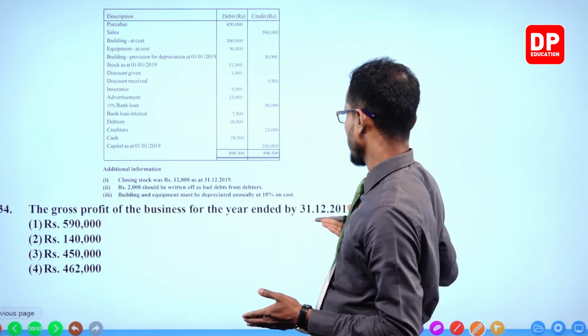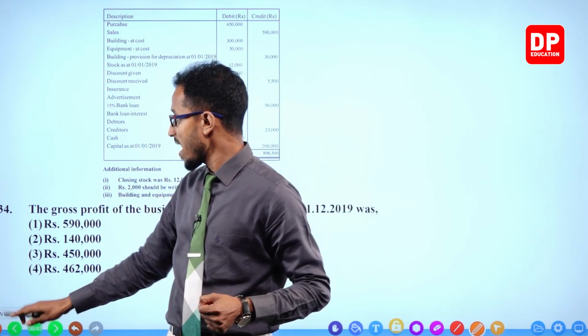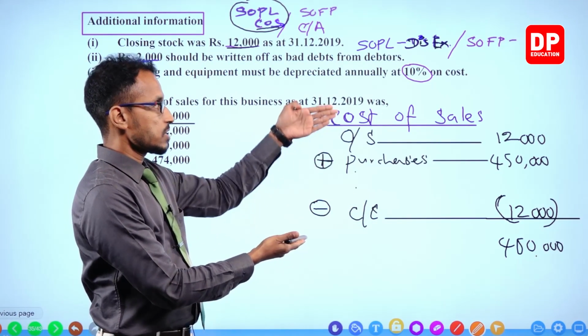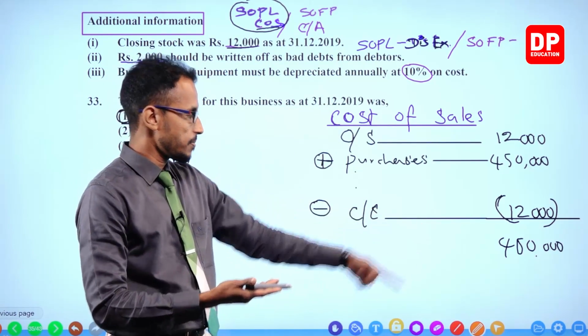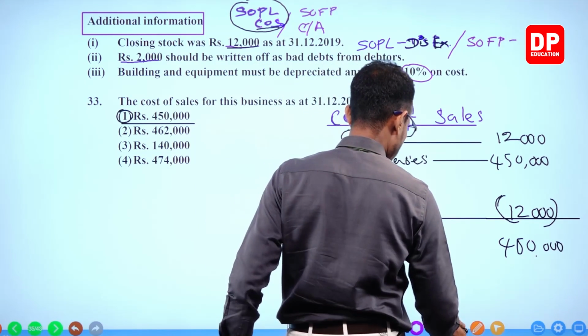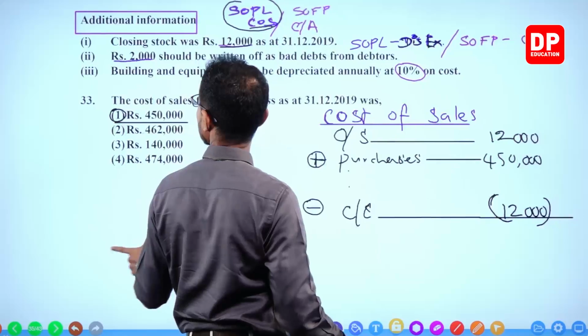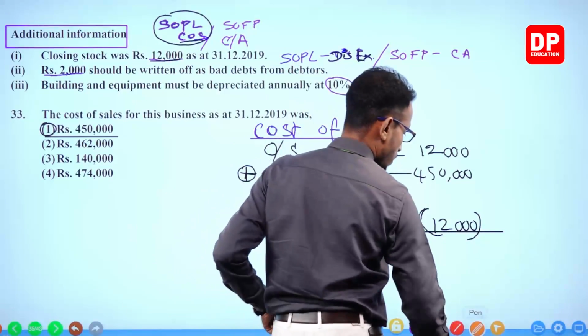Here, the gross profit we have to calculate. We need to go back to this calculation because cost of sales is already calculated here. Now what we have to do?